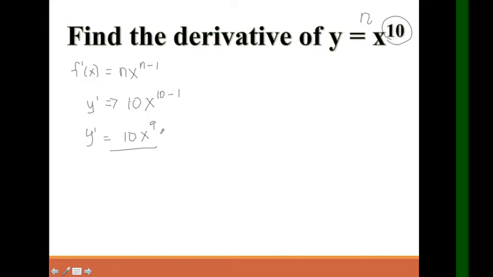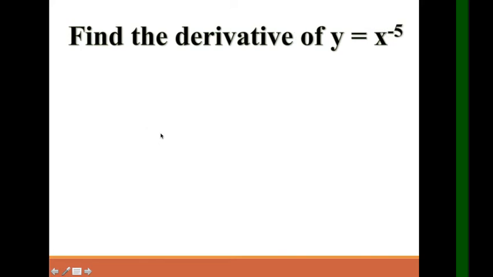Okay, another example. We have y equals x raised to negative 5. So, how do we do this? Okay, let me use my pen. We will use the same thing. So, the derivative of y equals negative 5 x raised to negative 5 minus 1.